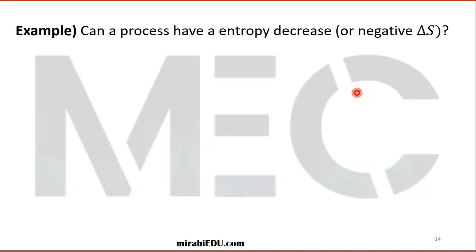Okay. Can a process have an entropy decrease, or negative delta S? Yes, the answer is yes. Let me tell you how. For example, in the case that we just saw, the isothermal expansion and compression, here is the gas confined in a cylinder with a piston.